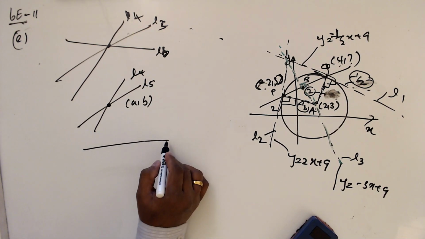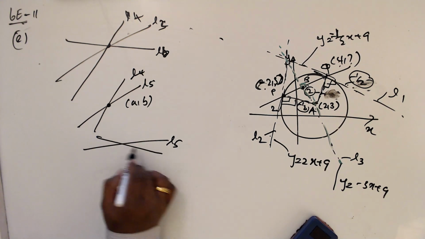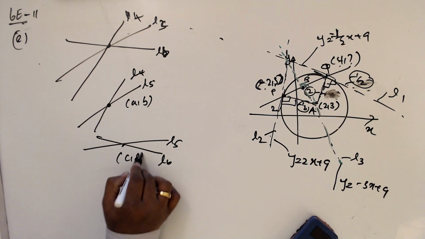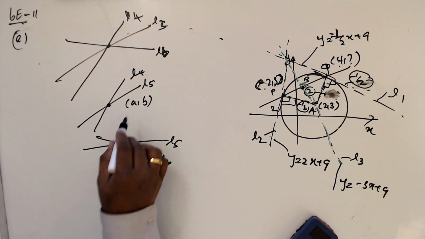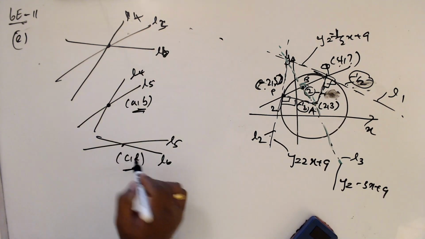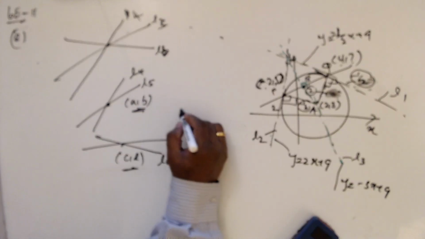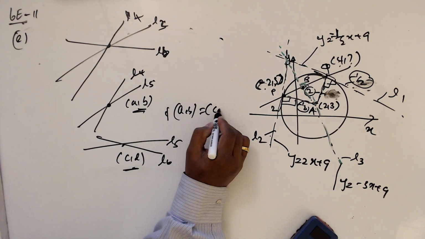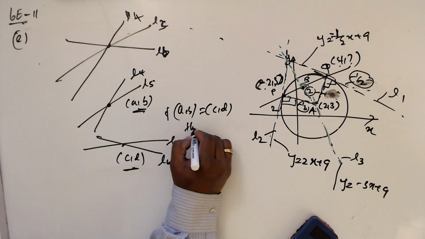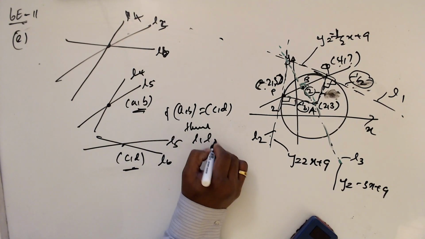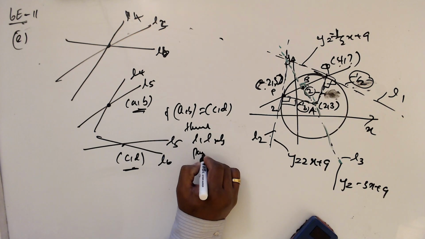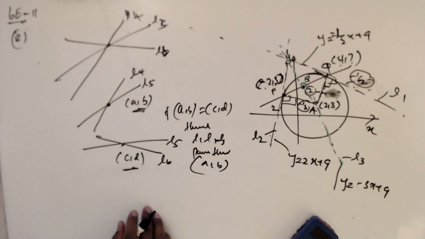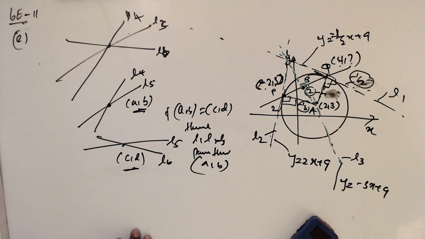Then we solve L5 and L6, which gives the C and D coordinate. If the AB coordinate is equal to the CD coordinate, then L1, L2, L3 pass through it.